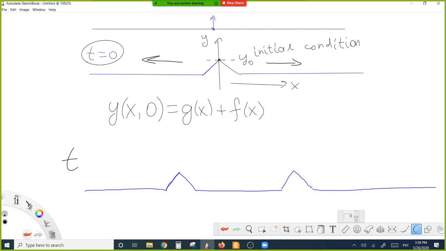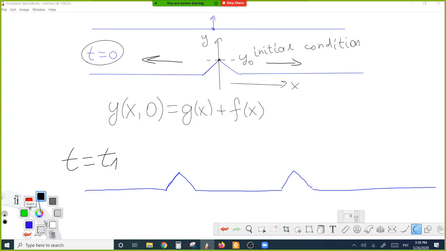After some time, when time is t1, disturbances have moved to the right and to the left at a distance of v multiplied by t1.